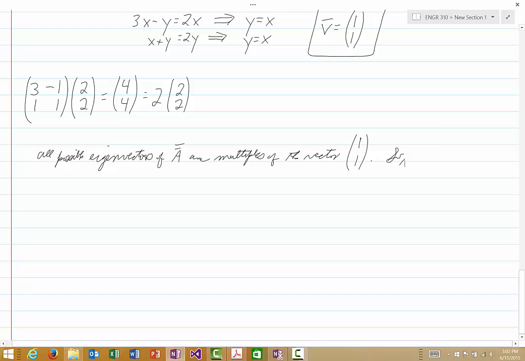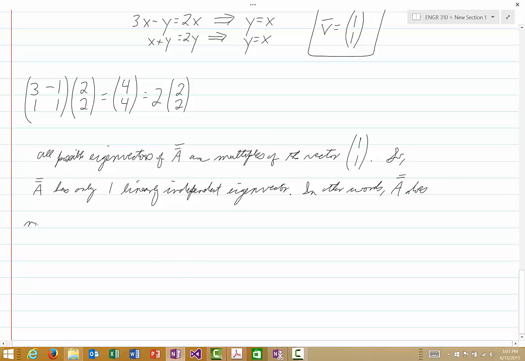So A has only one linearly independent eigenvector. In other words, A does not have a complete set of eigenvectors.